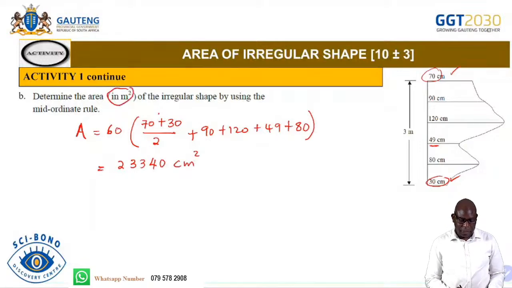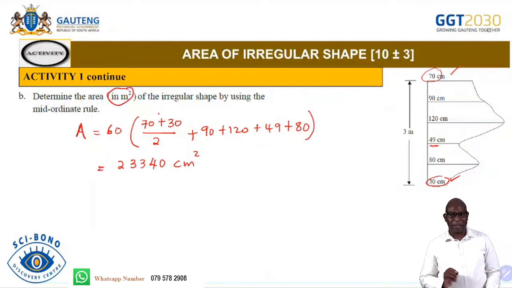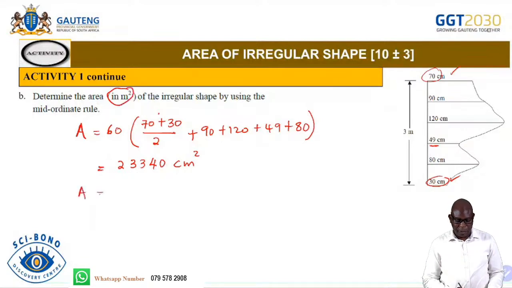Now I see in the bracket they said square meters. So they don't want it in centimeters, they want it in meters. So how am I going to get my final answer? For me to get from centimeters to meters, I divide by 100.